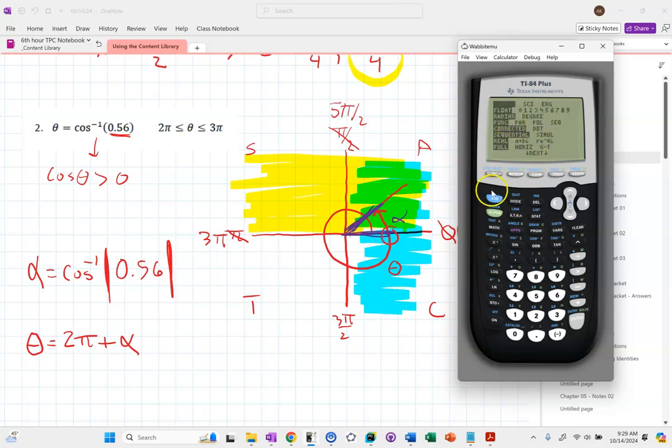It is in radian mode. So I just do 2 plus cosine inverse of 0.56. Notice that I did the absolute value in my head rather than putting it into my calculator. I'm never going to type the absolute value symbols in my calculator because it's so easy to do it in my head. But you need to remember to do it. So my answer should be 7.26.